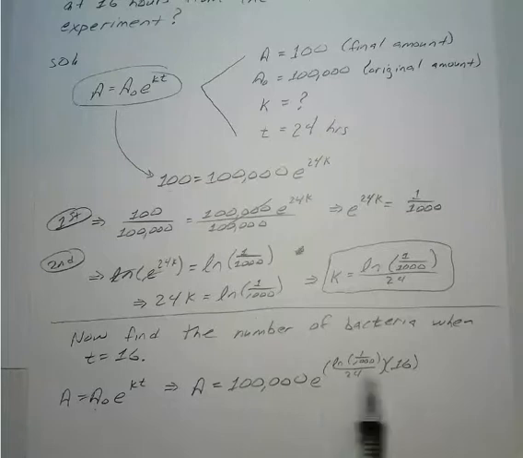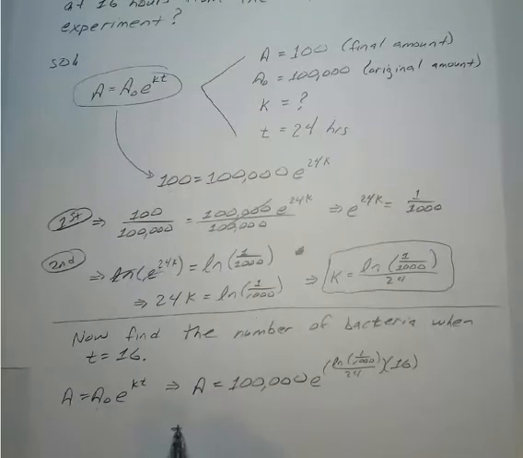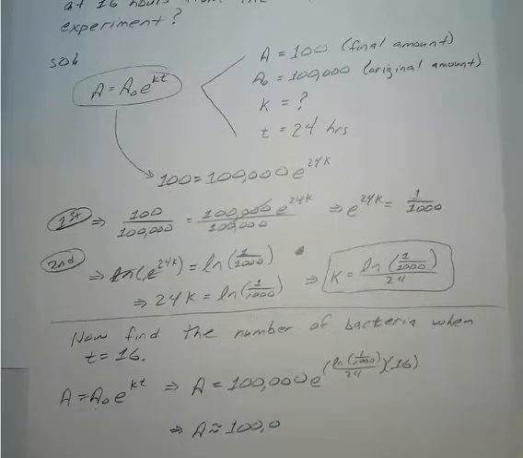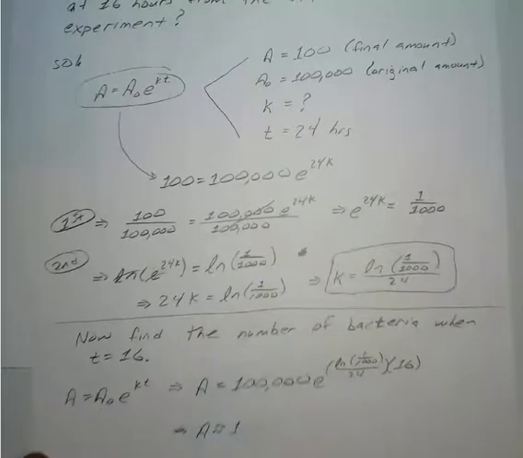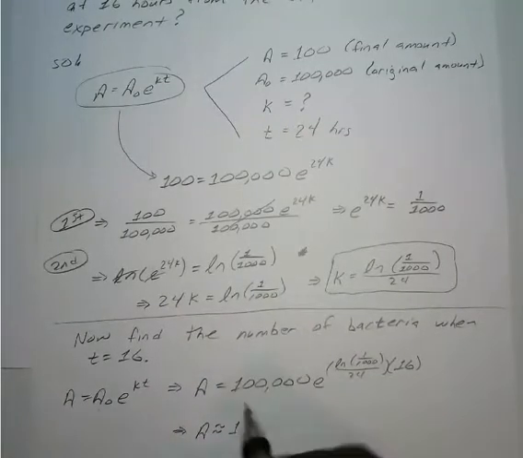So if you plug this into your calculator, you end up with A equal to about 1,000 bacteria after 16 hours.